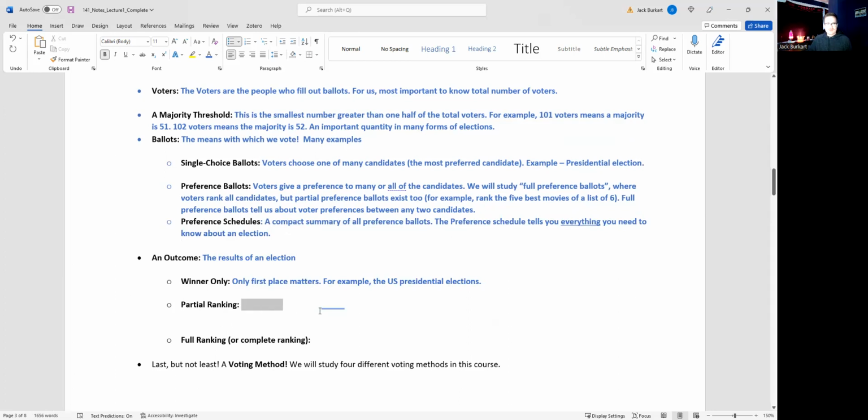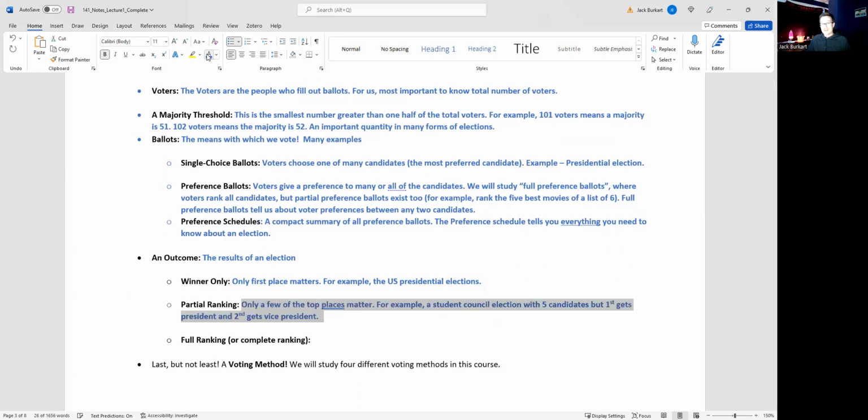Of course, sometimes we'll get a partial ranking of the candidates. In some elections, it matters who got second place and who got third place. So in a partial ranking, only a few of the top places matter. For example, maybe student council elections have a feature that there are 5 candidates, but depending on the election, first place is going to be president, second place will be vice president, and maybe third place is treasurer.